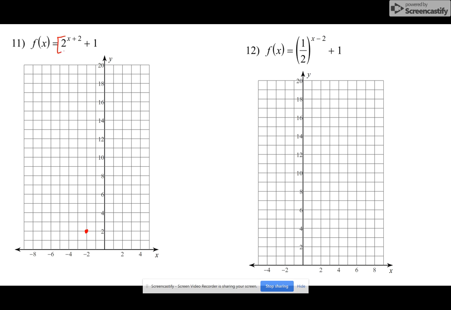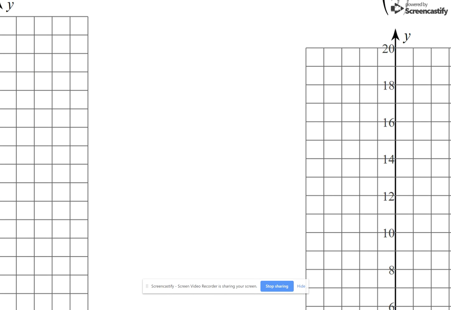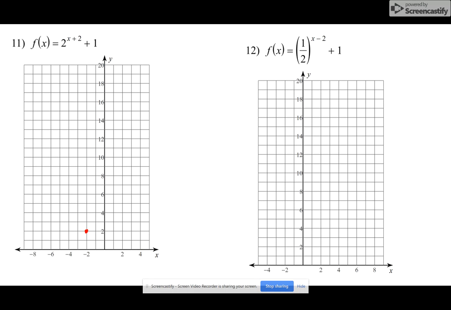Because my base is more than 1, I expect my graph to go up. I'm going to choose, let's say, positive values of x. I could choose x equals 1. So for my y value, I'm looking at this as 2 to the 3rd plus 1. The 3rd, because if x equals 1, that's how I get 2 to the 3rd plus 1.